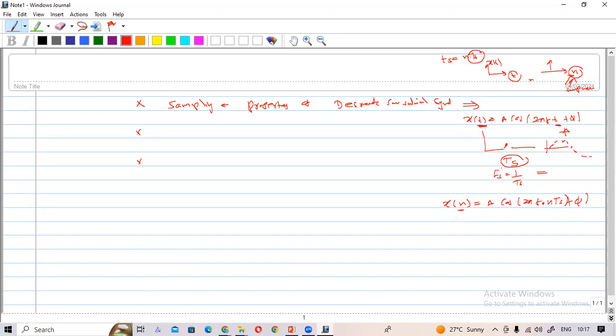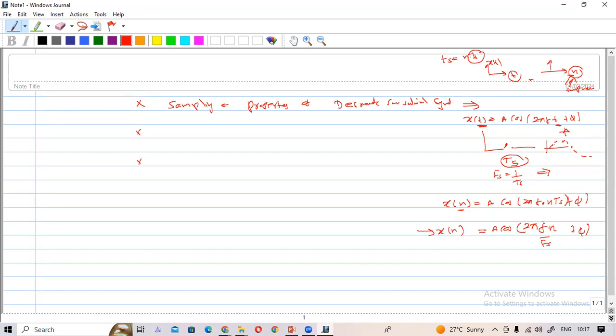Now, you know the relation that the sampling frequency is equal to 1 over sampling time. So you can substitute this, fs instead of Ts, so it will be n over fs, and the φ is there. So this is the discrete time signal, the sampled signal.